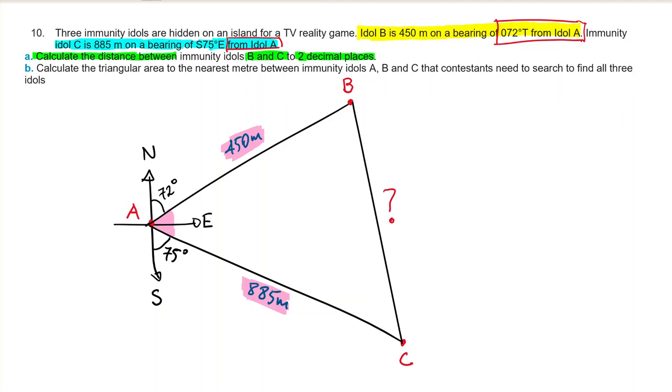Okay, to get first of all what that angle is, you will do 180 degrees, because angles in a straight line there is 180. So 75 plus 72, and if we take 180 from that, we will get our answer.